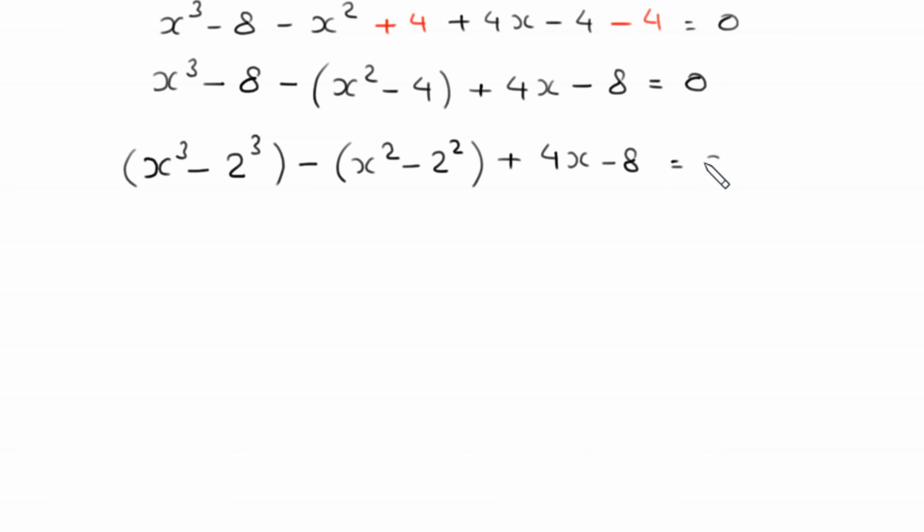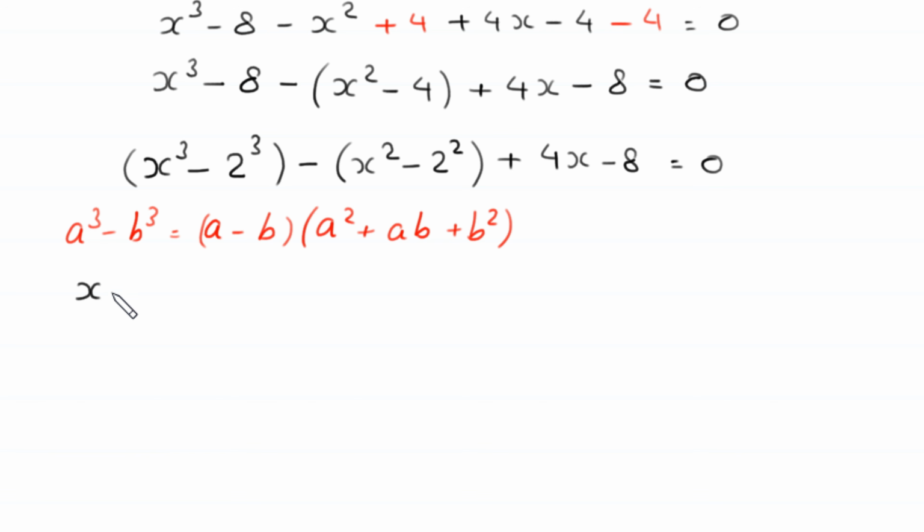is equal to 0. Now by using this algebraic identity, a cubed minus b cubed is equal to a minus b times a squared plus ab plus b squared, this x cubed minus 2 cubed will become x minus 2 times x squared plus 2 times x plus 2 squared, which is 4.